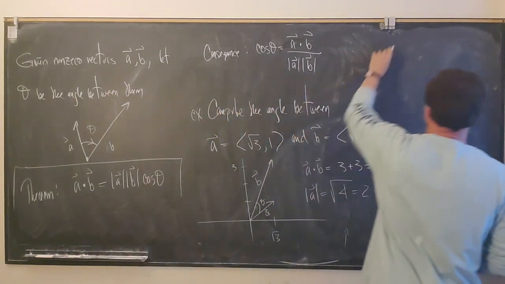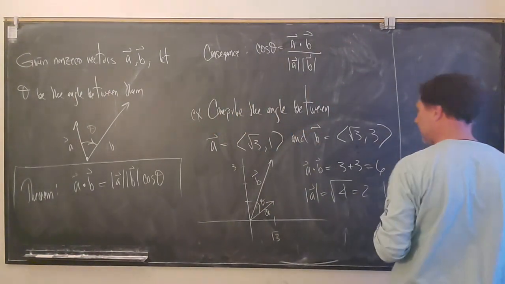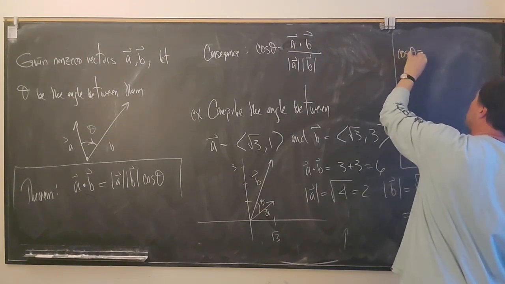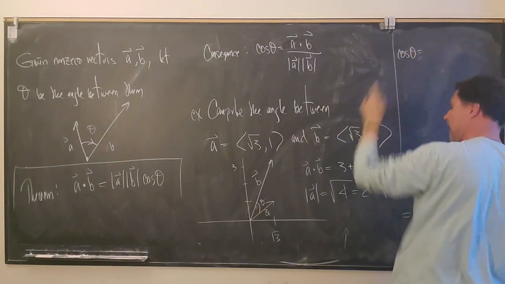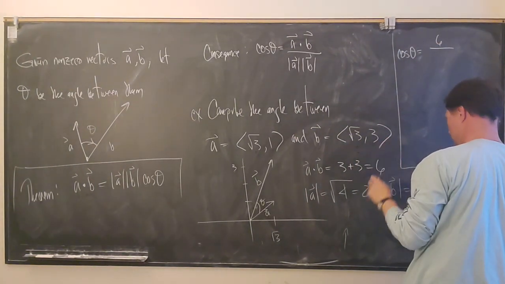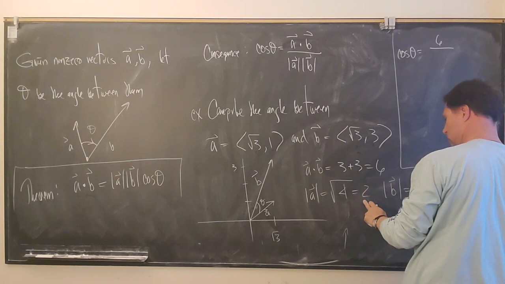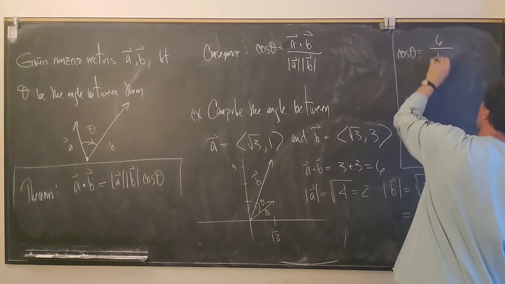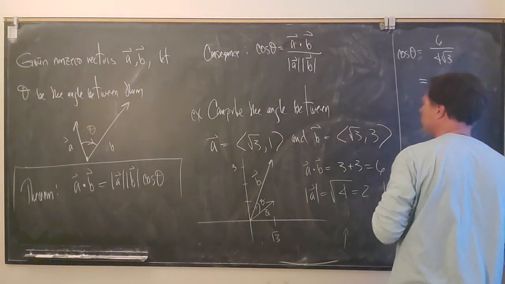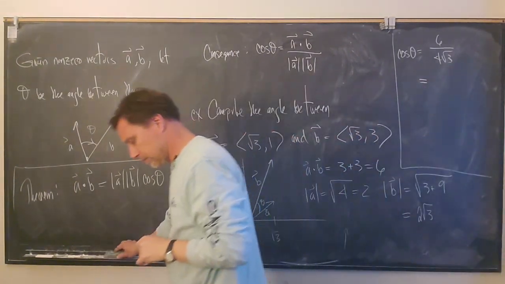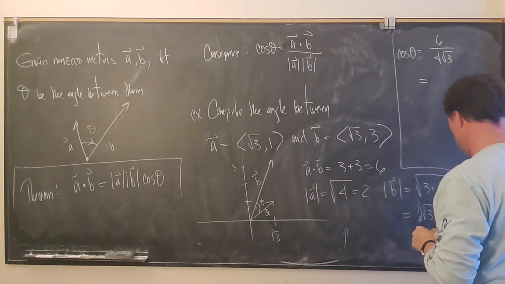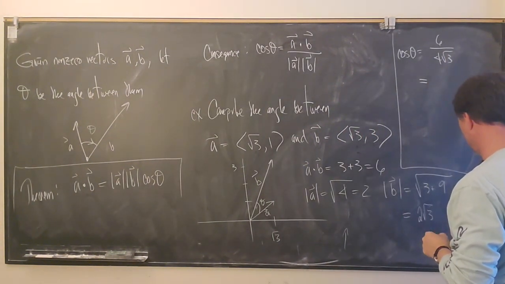Let me just put it right up here. So now what we get is that the cosine of the angle between them is going to be a dot b, so that'll be a 6 in the numerator, and then we will have a 4 root 3 in the denominator. Why does this look so ugly? Let me just make sure I didn't screw something up here.